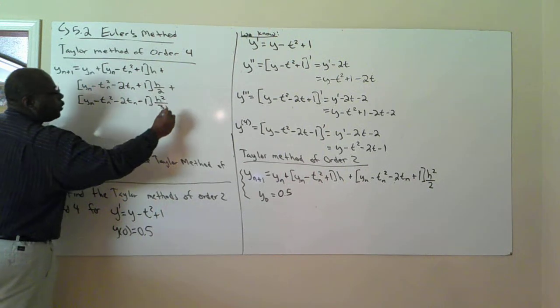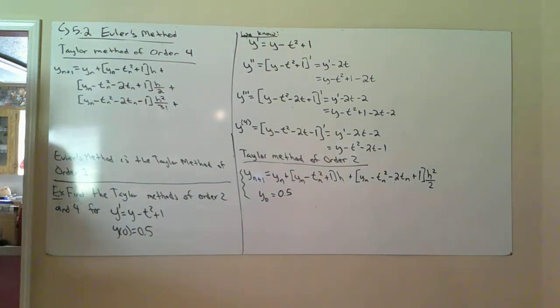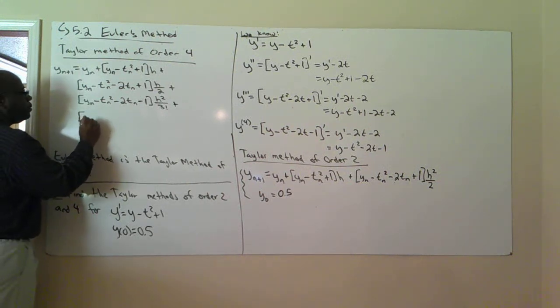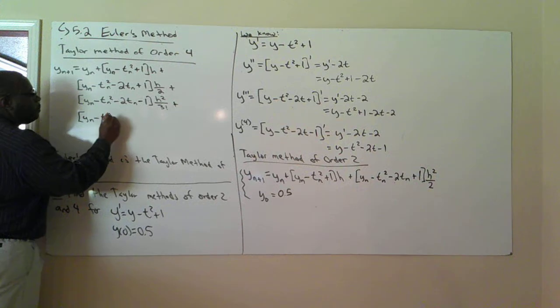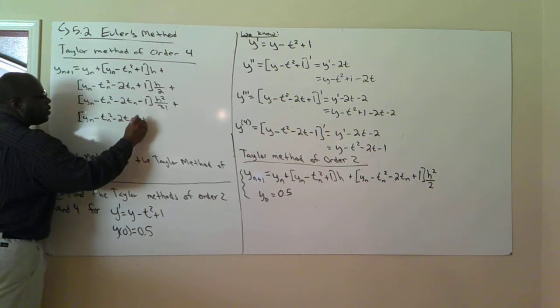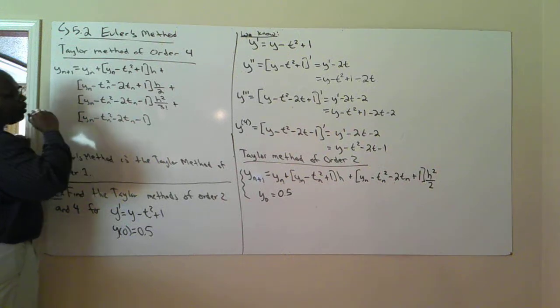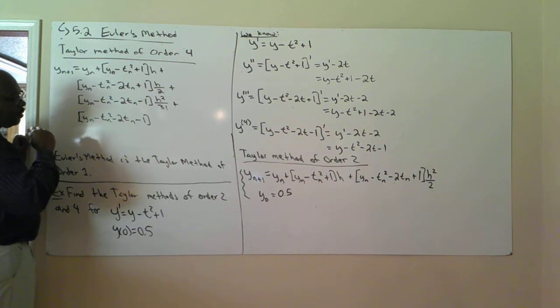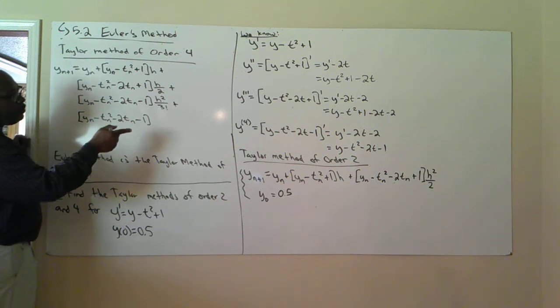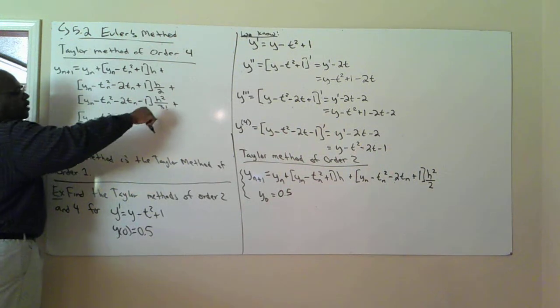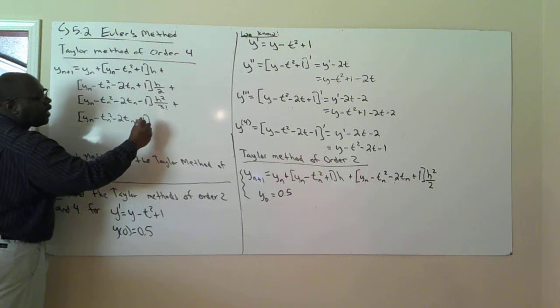Plus, and then our last one is going to be y sub n minus t sub n squared minus 2 t sub n minus 1, h to the third. Oh, that's going to be the fourth derivative, right?